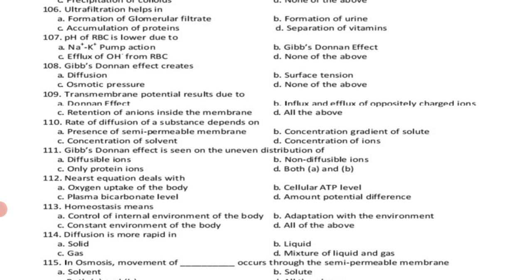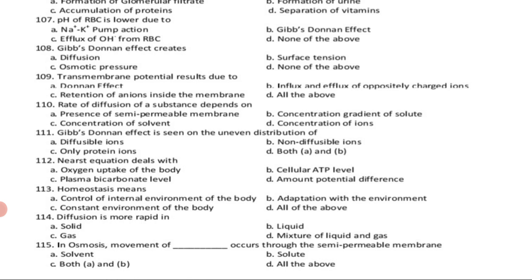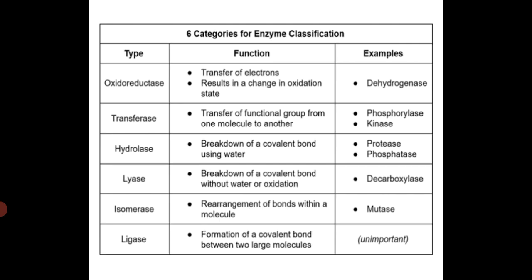Then question number 115. In osmosis, movement of dash dash occurs through a semi-permeable membrane. In osmosis, movement of a solvent, that is option A, occurs through a semi-permeable membrane.